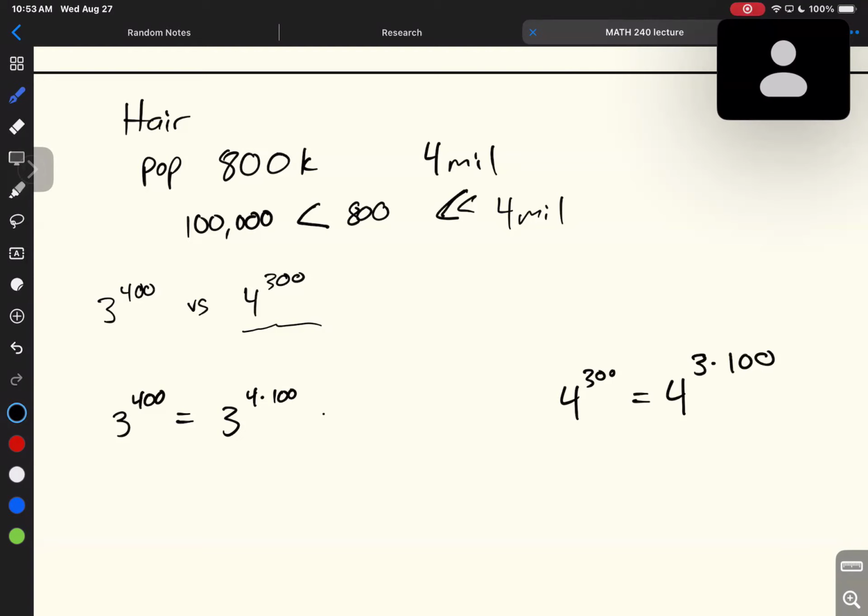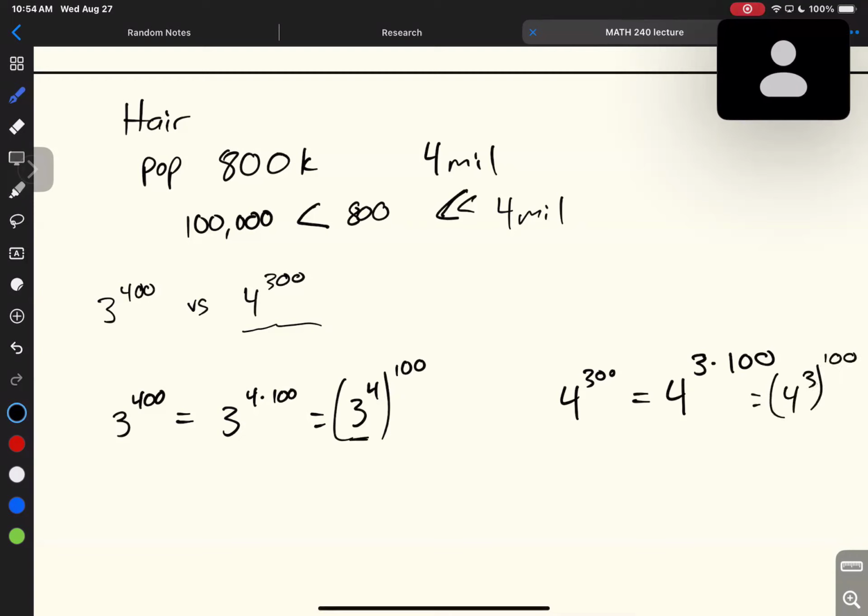With exponent rules, this turns into 3 to the 4, to the 100, because when the exponents are multiplied, this is what's actually happening. And we can do that with 4 to the 3, to the 100.